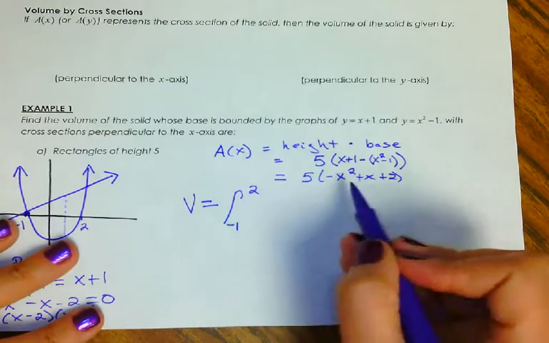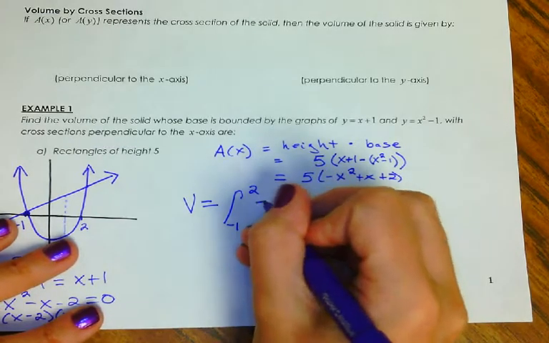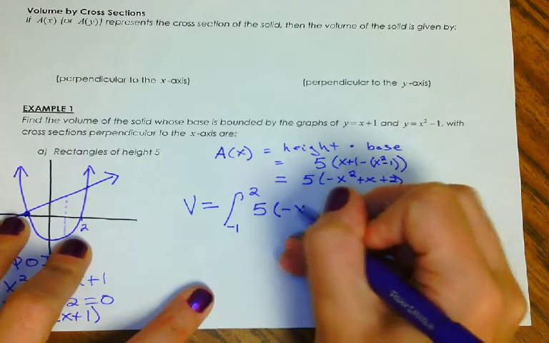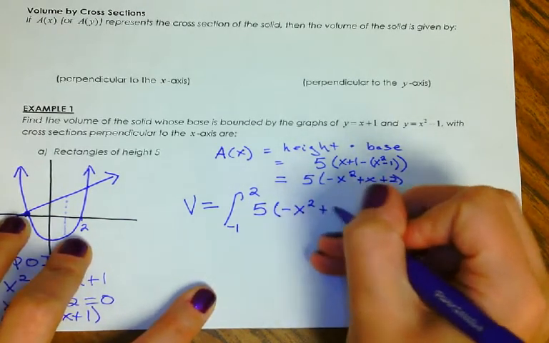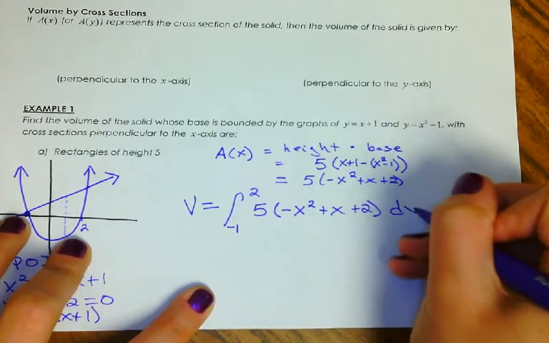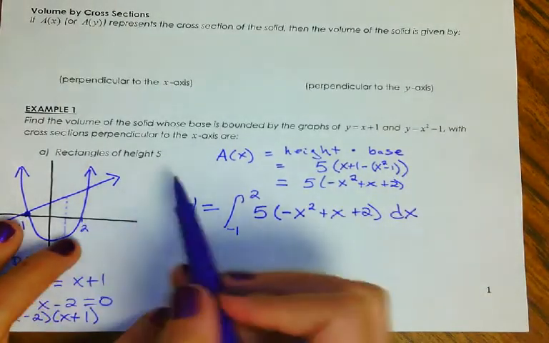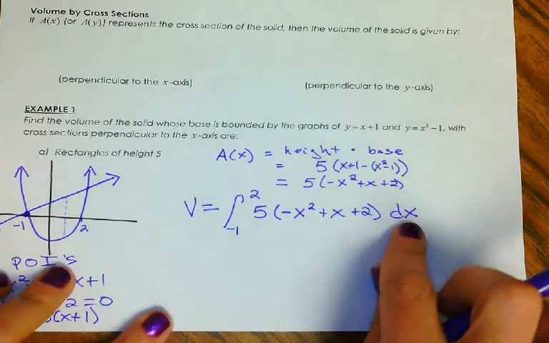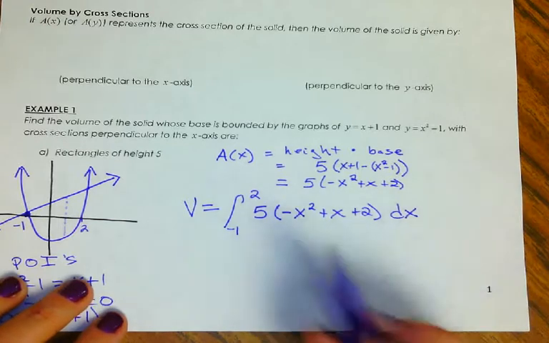So we're going to take this and put it right here. And then we'll talk about some integral properties. Remember, with an integral property, you are allowed to factor out any constants. And I'm going to integrate this with respect to x, because it said that we are perpendicular to the x-axis. Okay, so that's going to be a dx there.